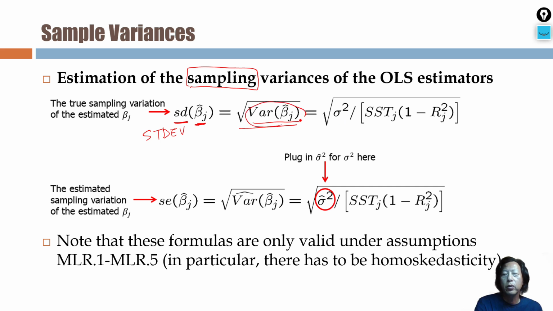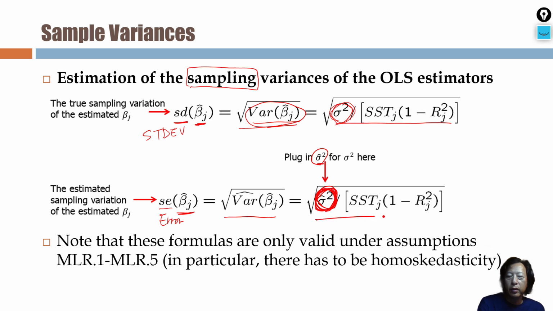And then we already know this formula, so we can just plug in. But here, this is the sampling standard error of this one, and you should replace sigma with the estimated one, because this is the true sigma, but we don't know the true sigma, so you have to use our estimator, and the same way.